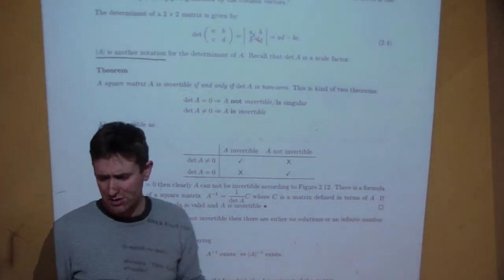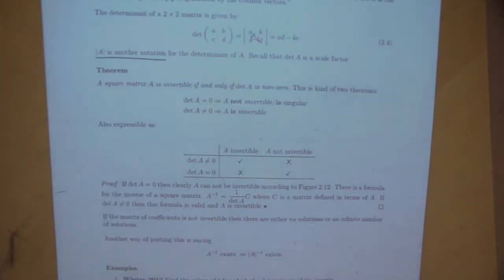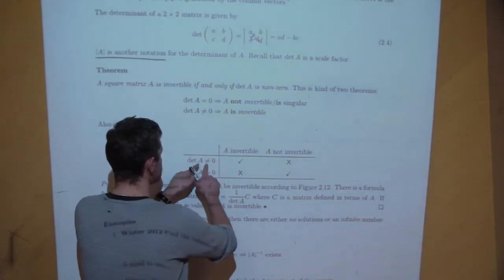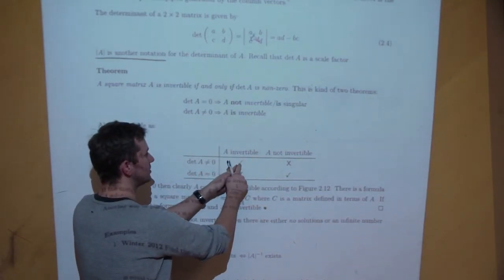So you've got this big theorem here. Now this is similar to what we saw earlier with the dot product equal to 0 being equivalent to two vectors being perpendicular. It's an if and only if statement. So it says here, if the determinant is non-zero, then it's invertible.